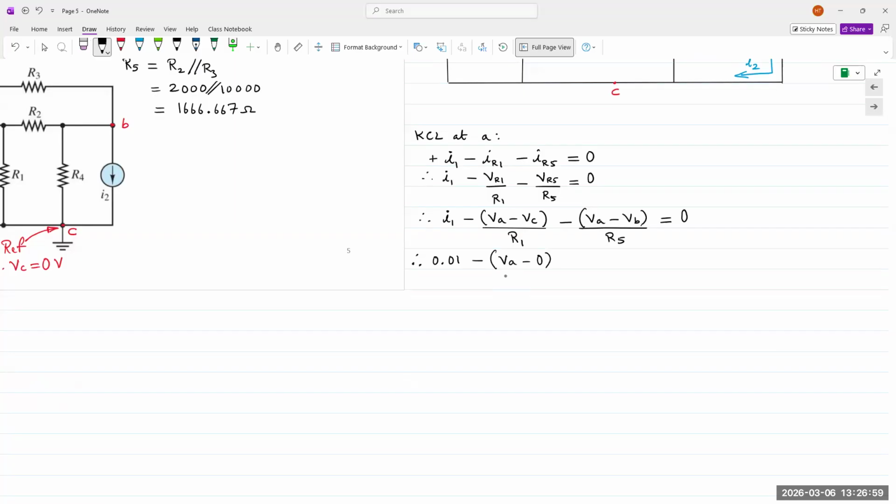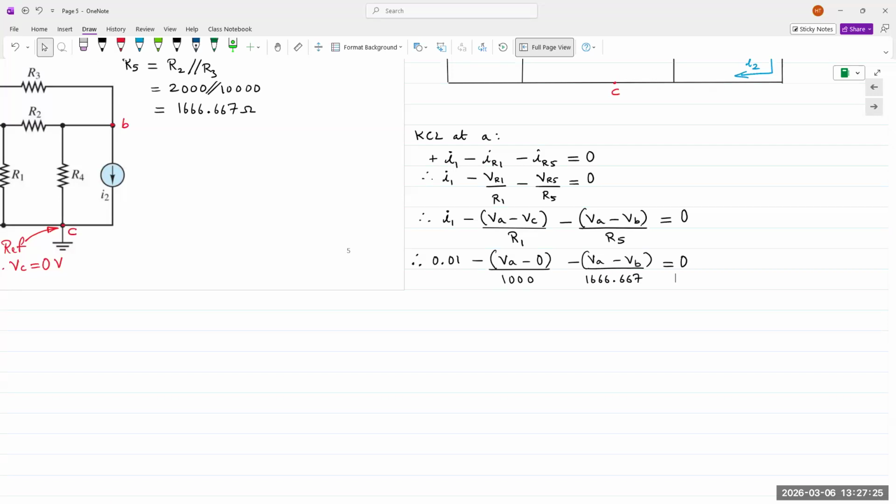VC is a reference node, so it automatically has a value of 0. R1 is 1K, so 1000. And VA minus VB divided by R5, which is 1666.667, equals 0.